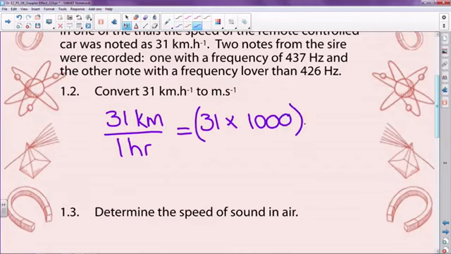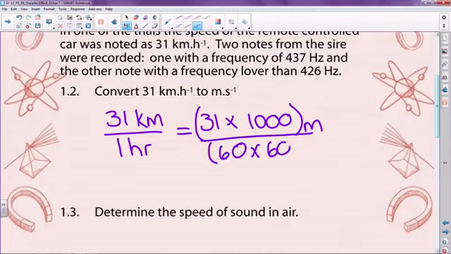That's going to change this into meters. To get it into seconds, remember 1 hour is 60 minutes and each minute is 60 seconds. So we times it like that. That gets it to seconds. In other words, I'm going to times by 1,000, divide by 3,600, and we get 8,61 meters per second.